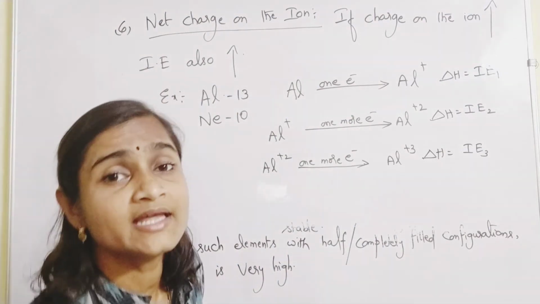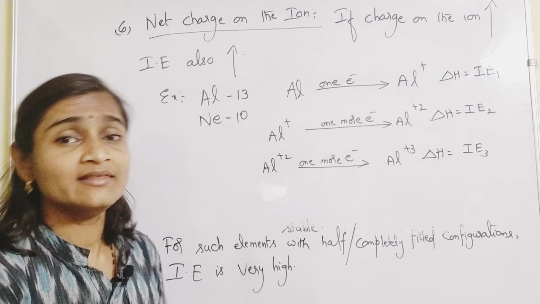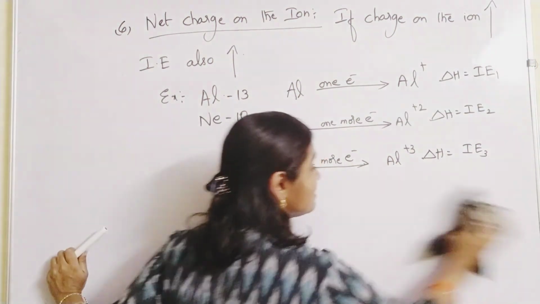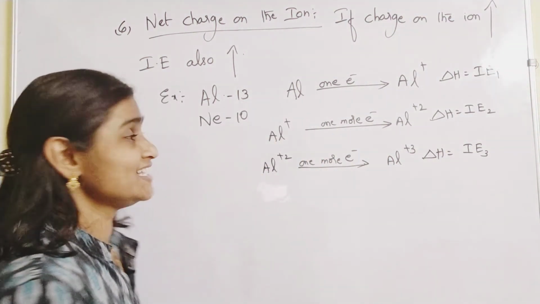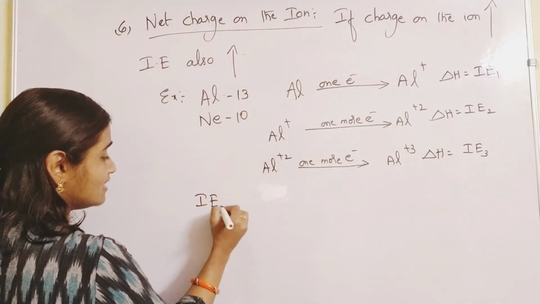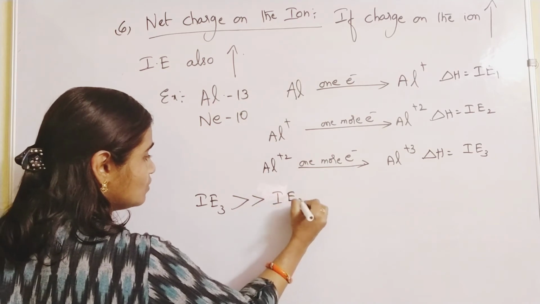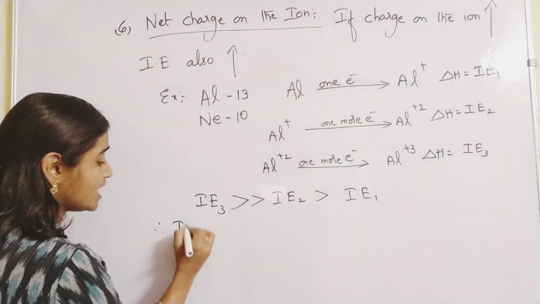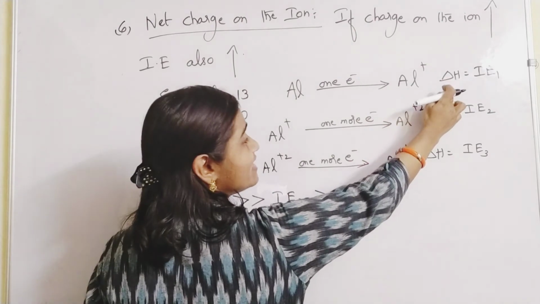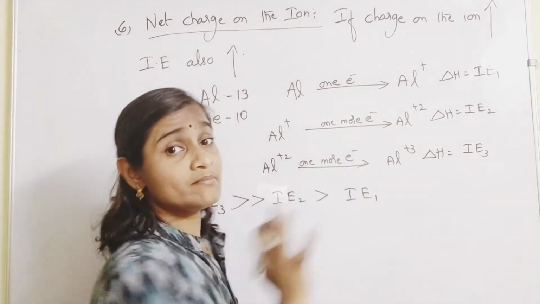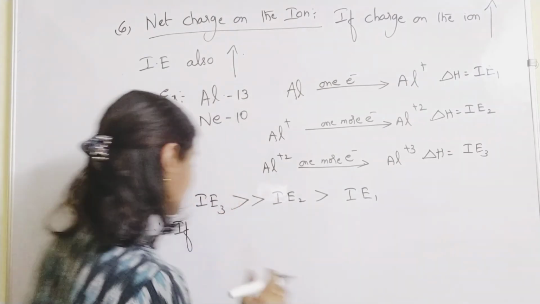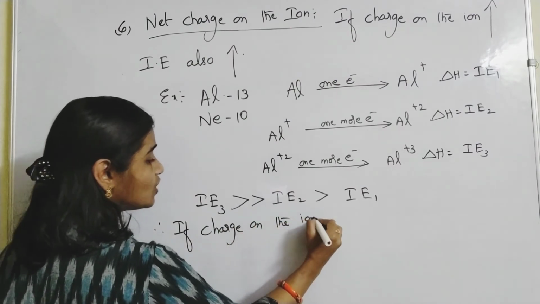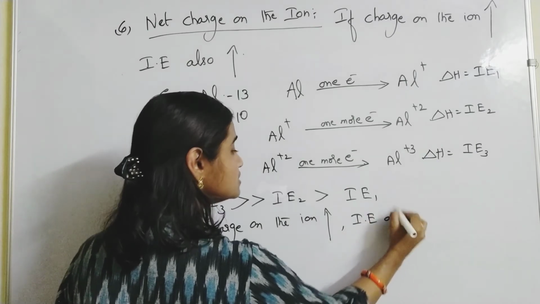We have learnt that the third ionization energy is much greater than the second, and the second is much greater than the first. So if the charge on the ion increases, ionization energy also increases.